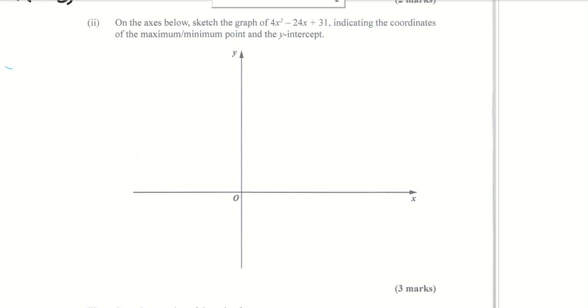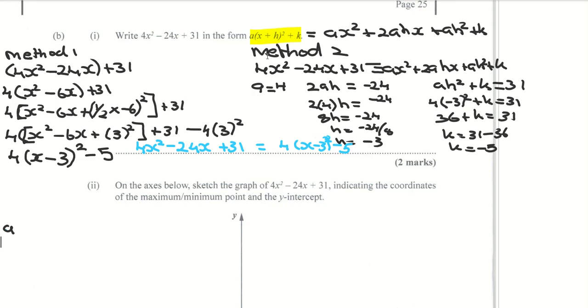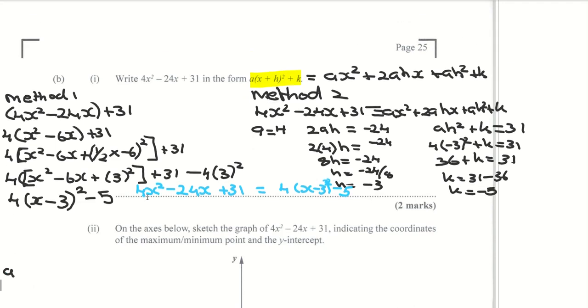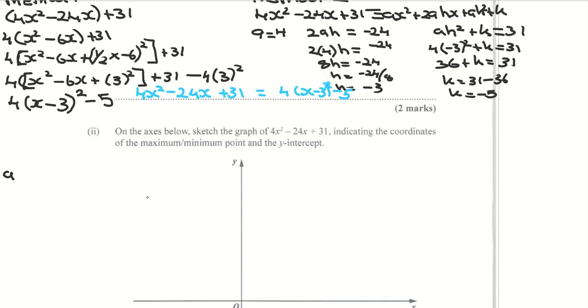The first thing is if a is positive or if a is negative. A is positive 4. So therefore, my graph is going to look like a smiley face. So we know the graph is going to look something like this.